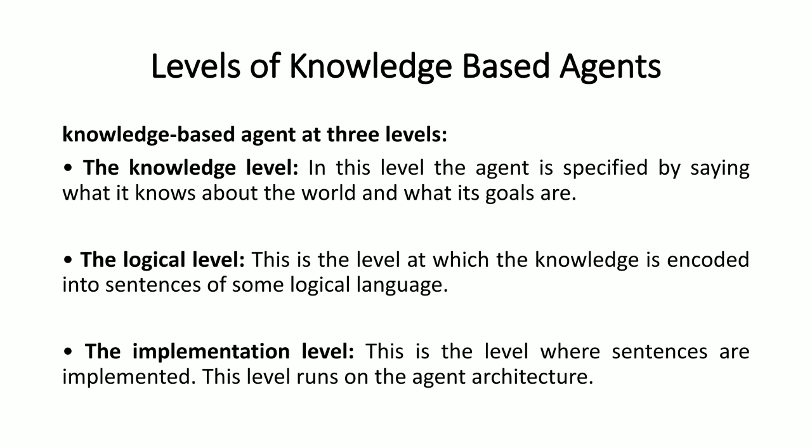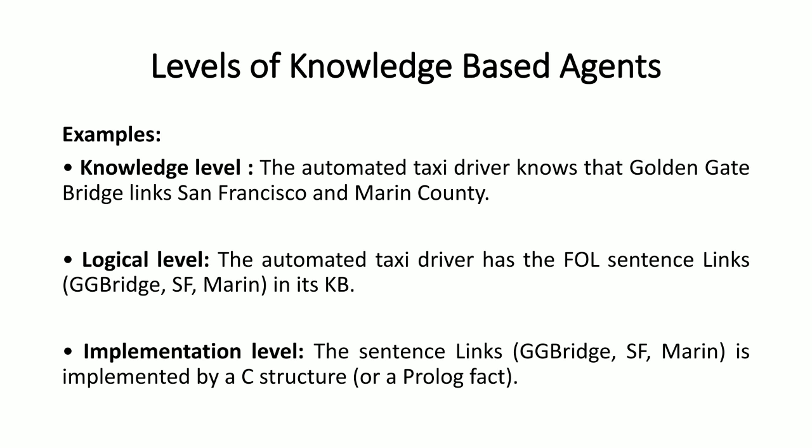And the third one is the implementation level. This is the level where sentences are implemented, and this level runs on the agent architecture. We'll see different examples under these levels.